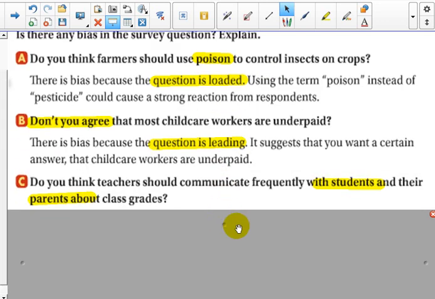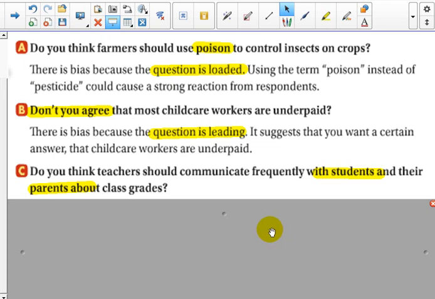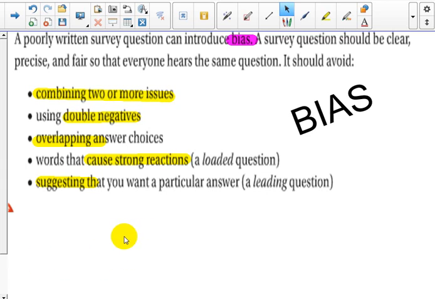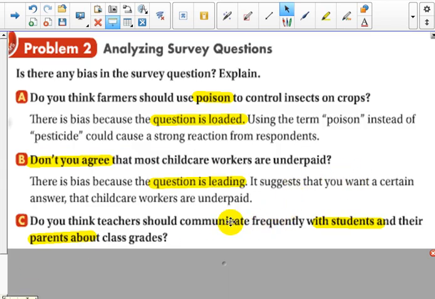Do you think teachers should communicate frequently with students and their parents about class grades? So, biased? No. Let's look back at the issues. Are there two issues here? Communicate with students and their parents?